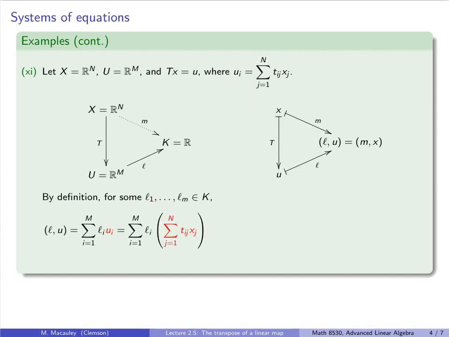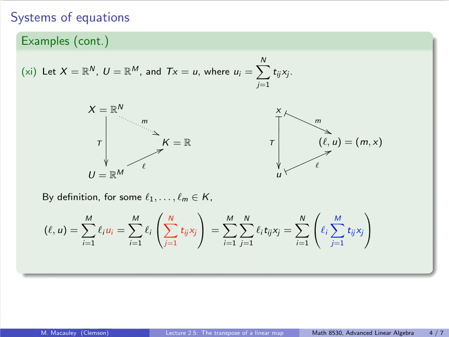And if we do, we get this creature. And now, this Li, you can't stop me from moving it inside the sum here to get this. And now this is a double sum. So I can swap the order of the sums because these are finite, and stick the Li out here.